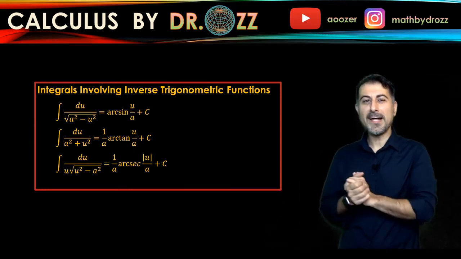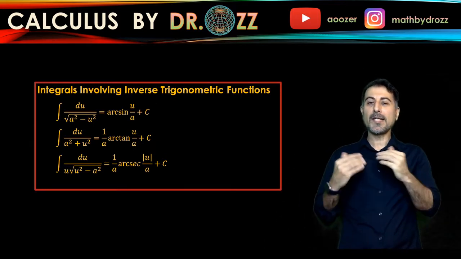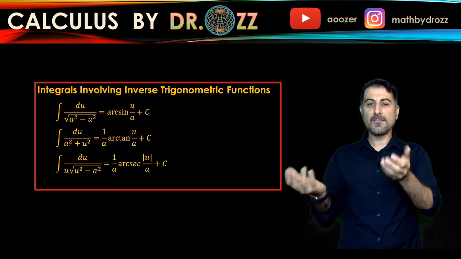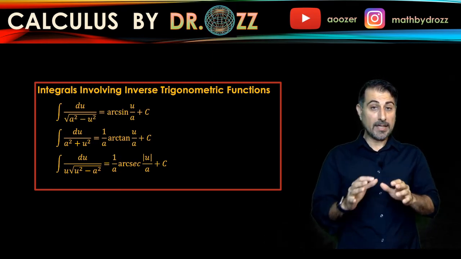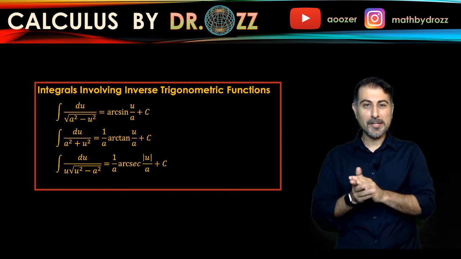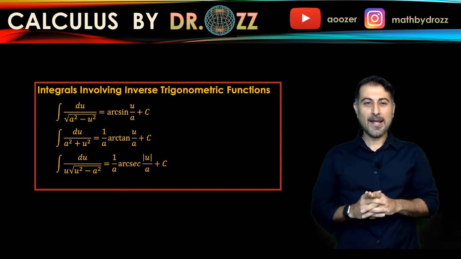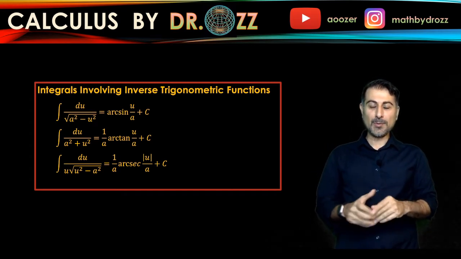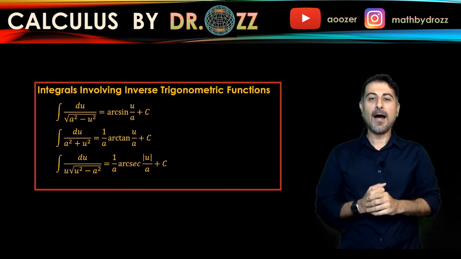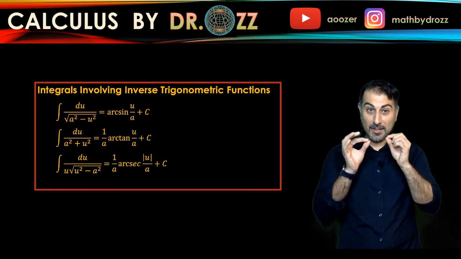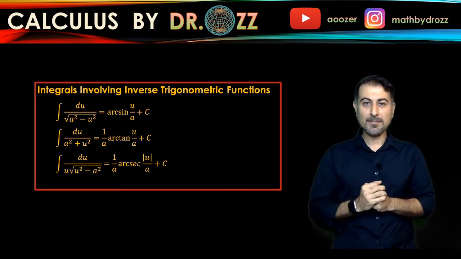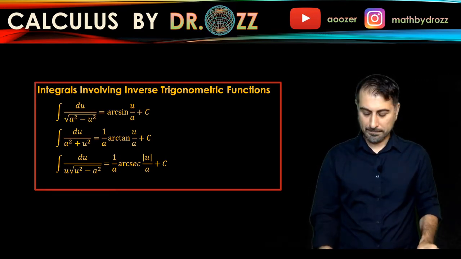Either we're going to write the bottom as a difference of squares or a sum of squares. I don't want to give you any hint at this moment. Please move forward and watch the rest of the video to see what I'm going to do for the given integral with the given specific substitution. All right, let's get started.